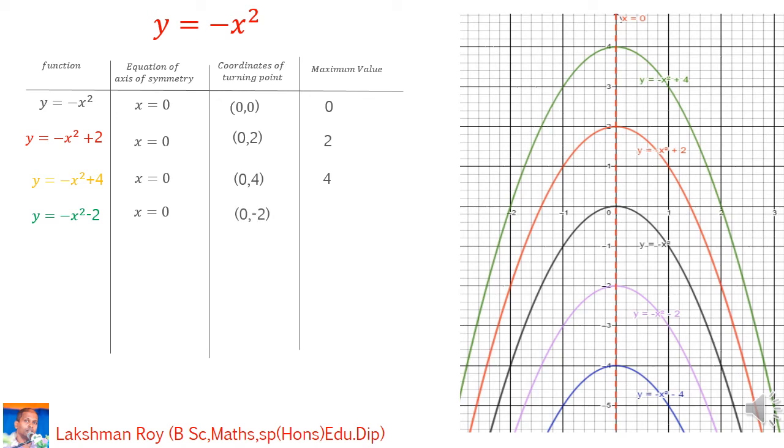Then the last function, y equals negative x squared minus 4. The equation is x equals 0, the turning point is x 0, y negative 4, and the maximum value is negative 4. So without plotting the graph, using only the equation of the function, you can find these three. Try to understand those.